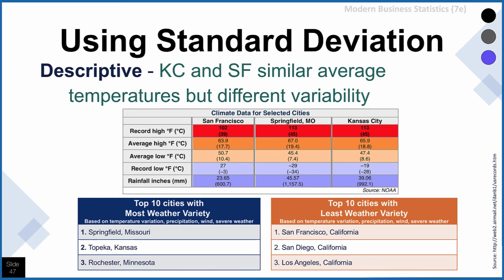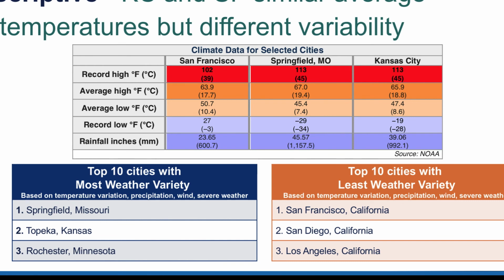Another way of interpreting this variability is to consider towns with the most variability in their weather and the least variability. The number one city with the most variability in its weather is Springfield, Missouri. Here in Springfield, you could have a warm day in the middle of the day, and it could be very cold at night.